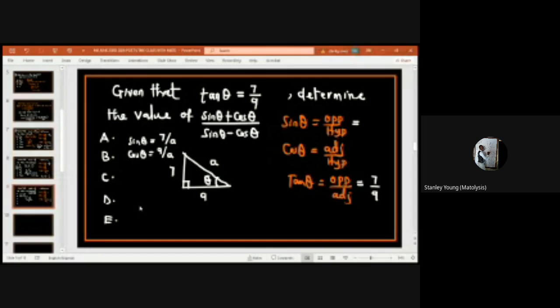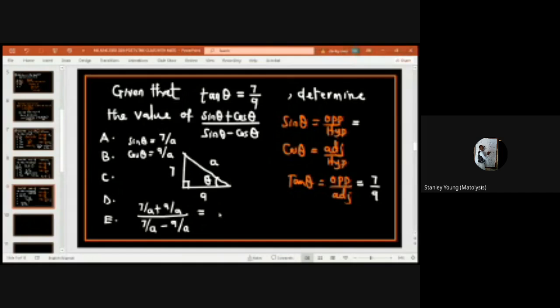So the numerator is going to be 7 over A plus 9 over A, while the denominator is going to be 7 over A minus 9 over A.